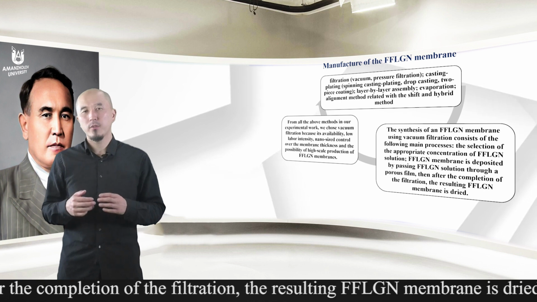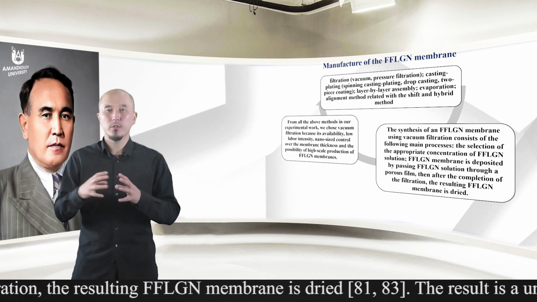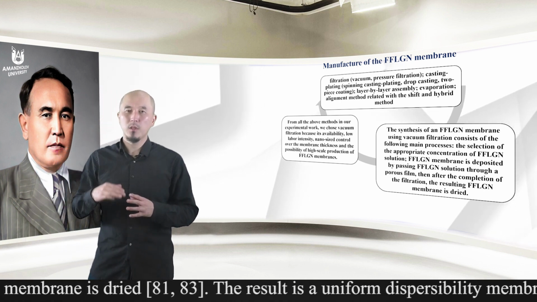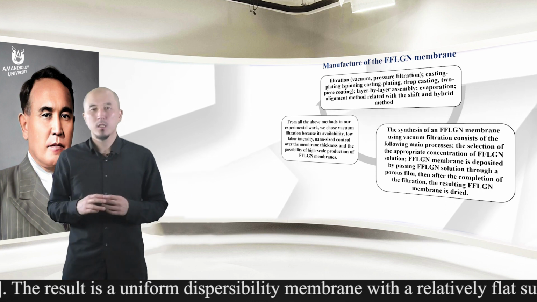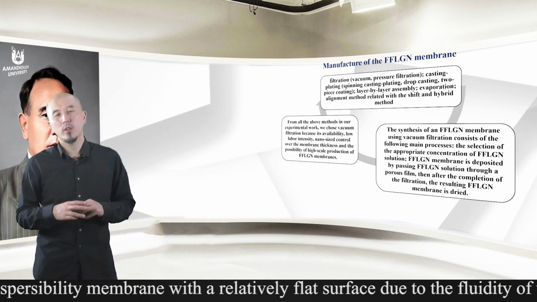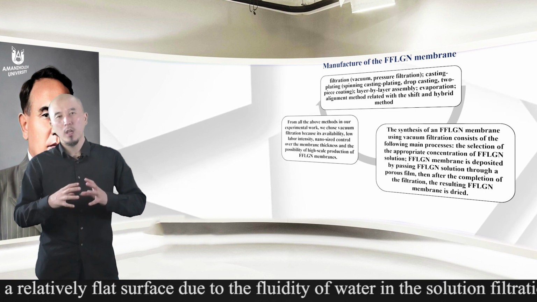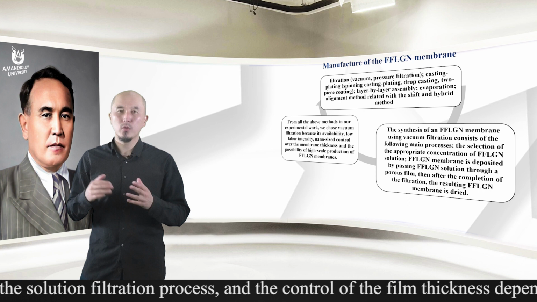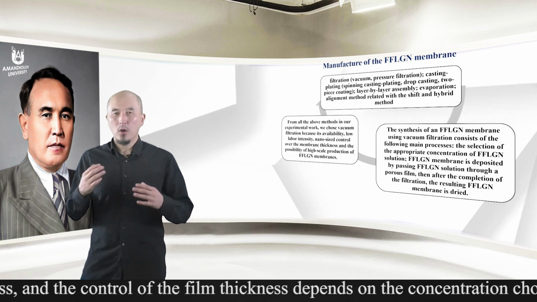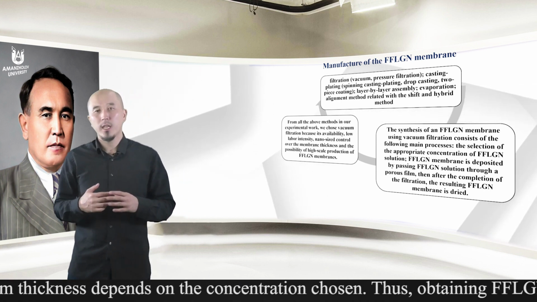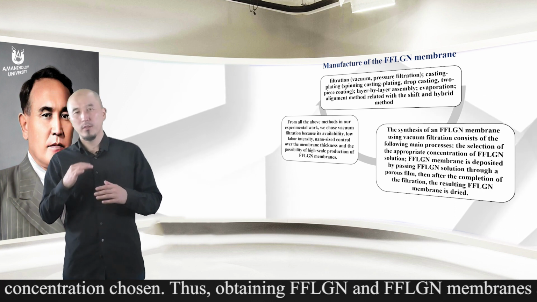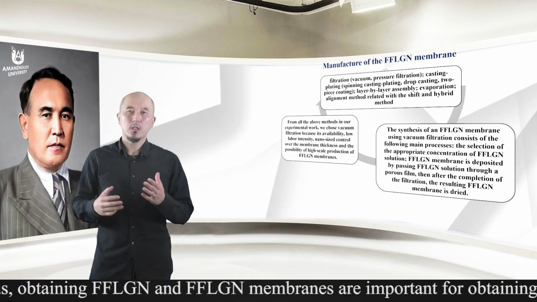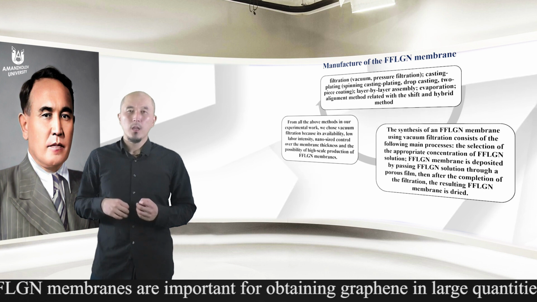Then after the completion of filtration, the resulting FFLGN membrane is dried. The result is a uniformly dispersed membrane with a relatively flat surface due to the fluidity of water and the solution filtration process, and the control of film thickness depends on the concentration chosen.